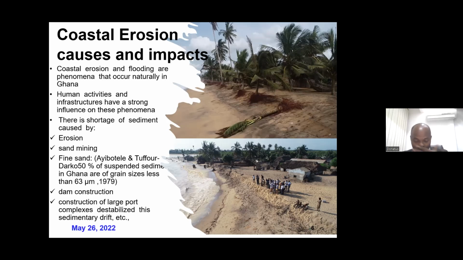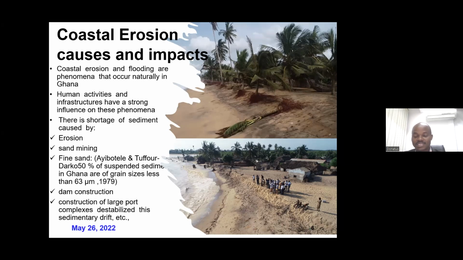One thing that is also a very key factor along the coastline is the sediment characteristics. It has been reported by Ayibotele and Tufuo Dako, 1979, that 50% of our suspended sediment is of sizes less than 63 microns.